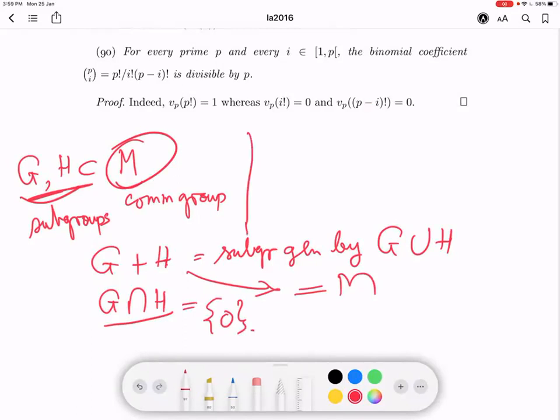Now this was in the additive notation, but of course you have the analog in the multiplicative notation.